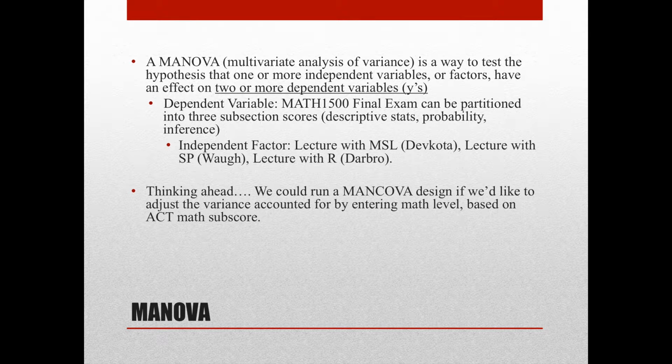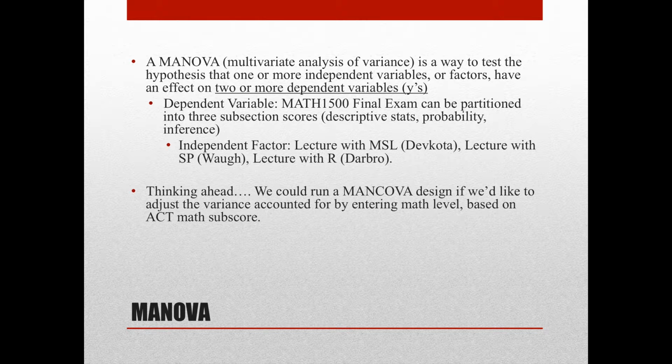So what you have to think about now is, instead of having Y equals, we have Y1 equals, Y2 equals, Y3 equals. We have multiple dependent variables, not the independent variables, but the dependent variables. So the way I've looked at this is, imagine taking a Math 1500 final exam and partitioning it into three subsections: descriptive statistics, probability, and inference.